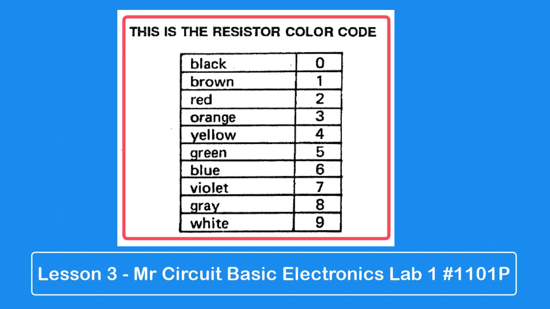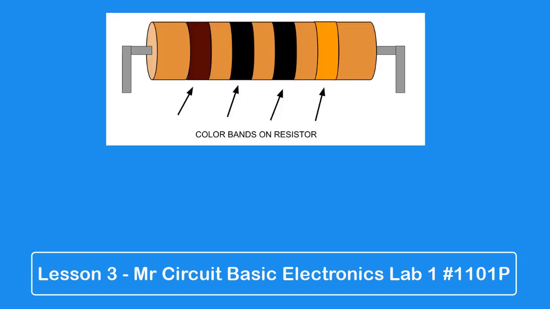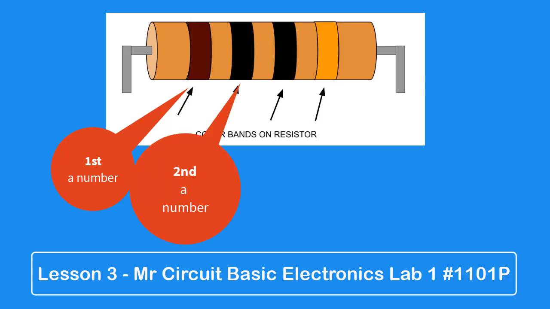So you see here in the box all the colors and all the numbers that they represent. Each color stands for a particular number. For example, red stands for 2. When reading the color code, remember, the first band on the left is always a number. The second band to the right of that one represents another number. The third band represents the number of zeros to be added to those numbers.